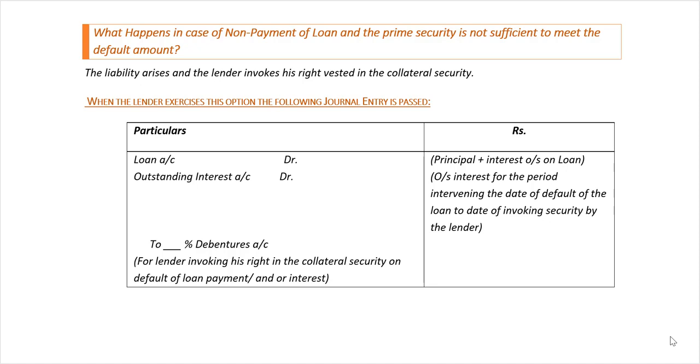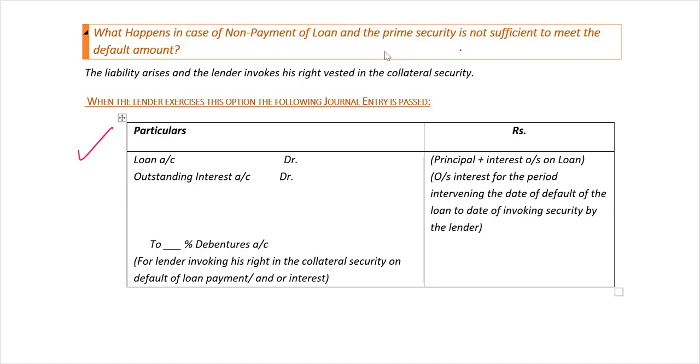What happens in case of non-payment of loan and the prime security is not sufficient to meet the default amount? Then the liability will arise and the lender invokes his right vested in the collateral security. For this, in the journal entry, we will debit loan account with the principal amount of the loan plus any interest which is already outstanding on the loan.